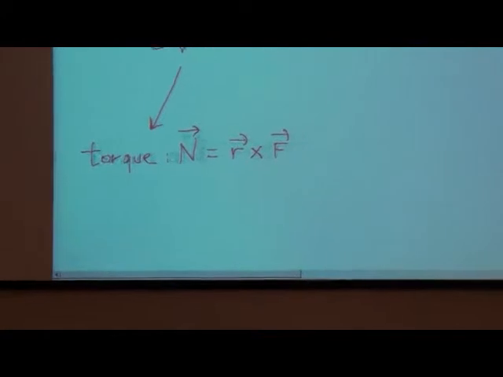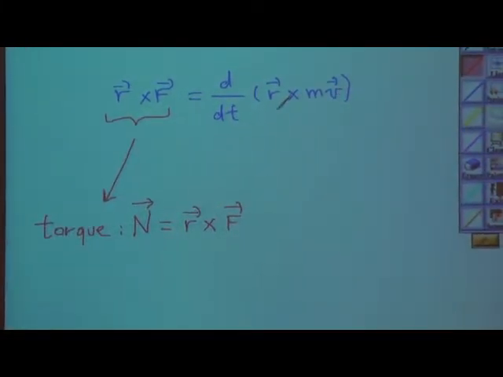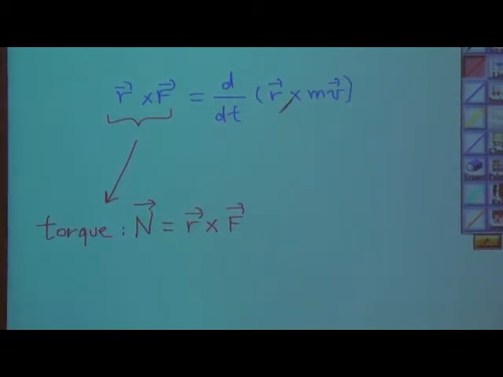Now on the other side, we have the linear momentum and the position vector again in cross product.